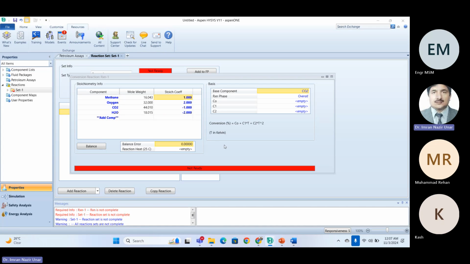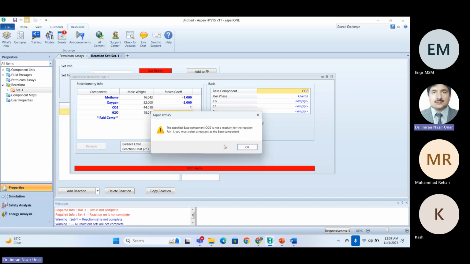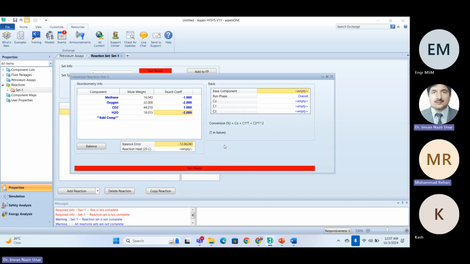Sorry, reactant should be negative and product should be positive. Okay, so this is how. Now see, sometimes I also miss this thing. Reactant always negative and product always positive.